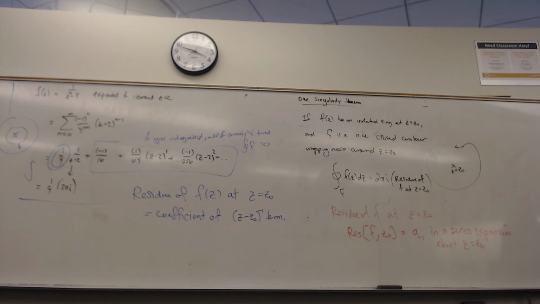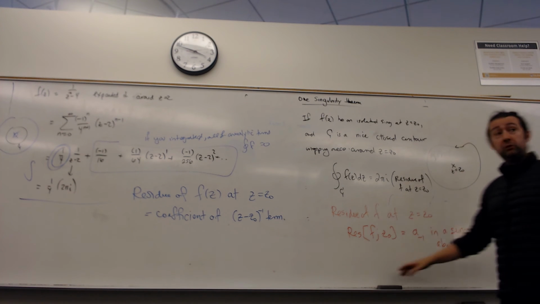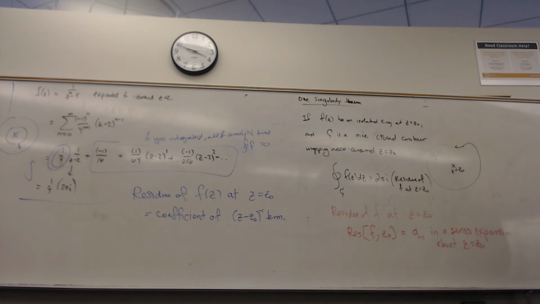Yep. Is it always going to be the minus 1 term even if it's a higher order? Yes. In fact, the next thing we'll do is, why don't we look at a function with an essential singularity and see how the same sort of act works.